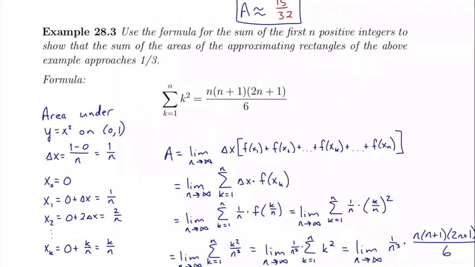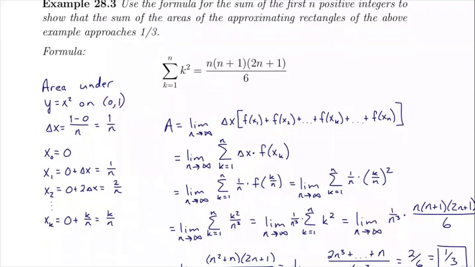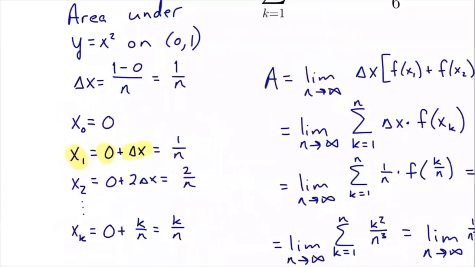We can go about setting up all of our subinterval endpoints as follows. x0 is the first or leftmost endpoint every time. That will always be the case. Whether or not it's 0, it may or may not be 0, but it's the left endpoint. Then x1 is equal to 0 plus we step to the right by a value of delta x, right?